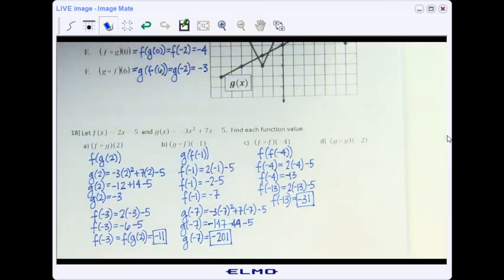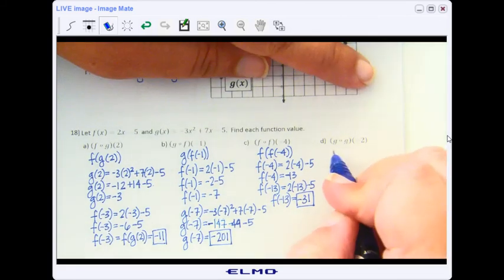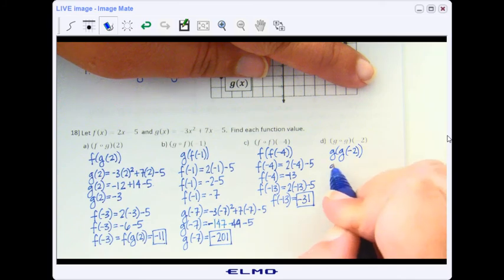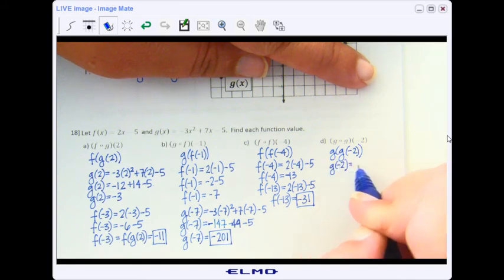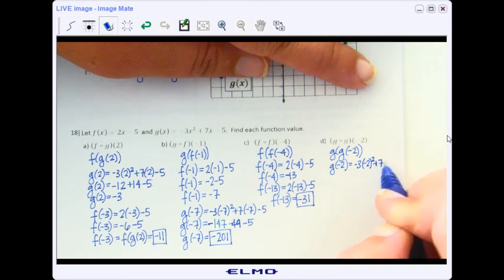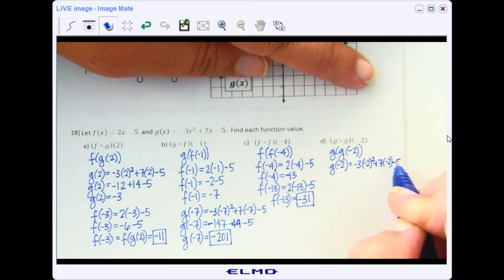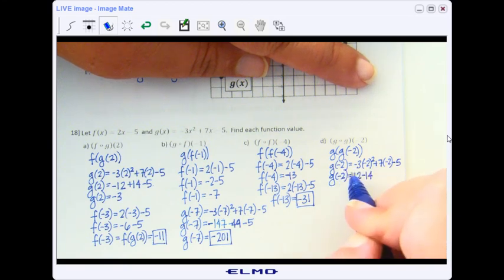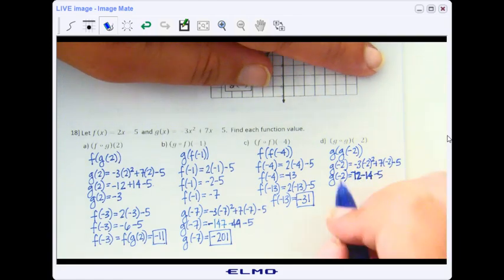And in the last one, I'm finding g of g of negative 2. So I need to start by finding g of negative 2. So this will be negative 3 times negative 2 squared plus 7 times negative 2 minus 5. So g of negative 2 is negative 3 times 4 is negative 12 minus 14 minus 5. So this is negative 26 minus 5.